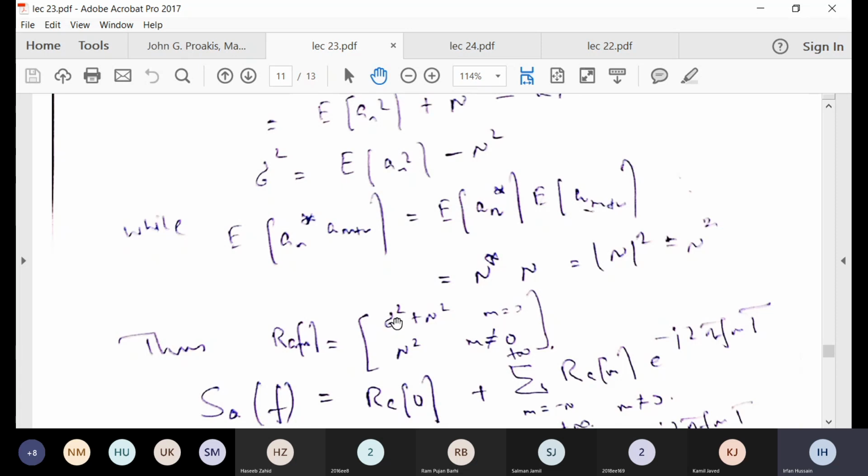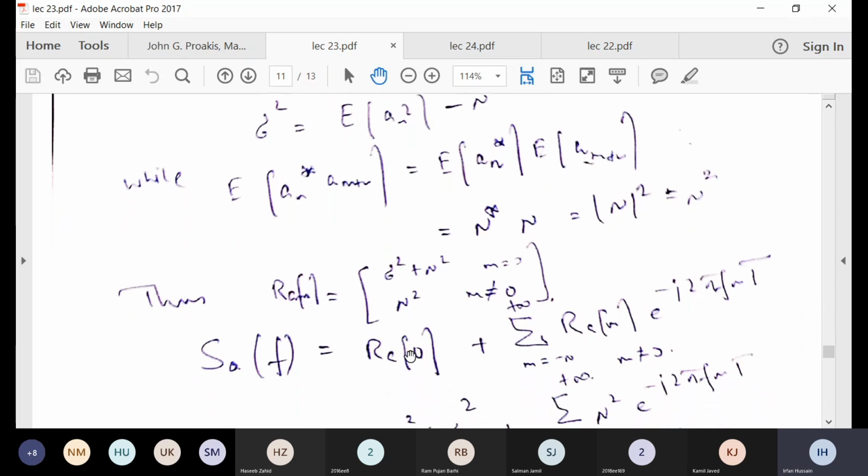So we can see that the autocorrelation for 0 is this value, and for any other values where m is not 0, it comes out to be mu squared.